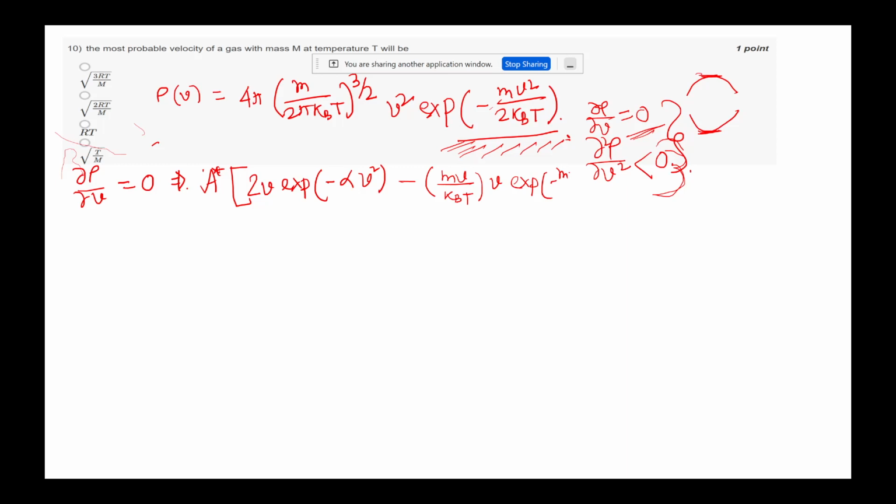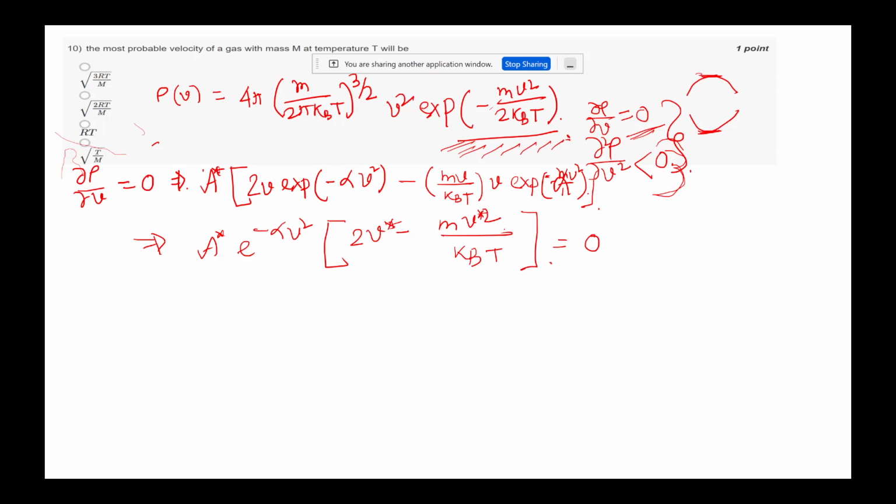Let's say this is alpha. This is 0. For this, I'm taking the exponential term as common. Out of this bracket, this will be 2v minus mv square by kBT. And this v is a special v, v star. For this to be 0, it is an extremum point.